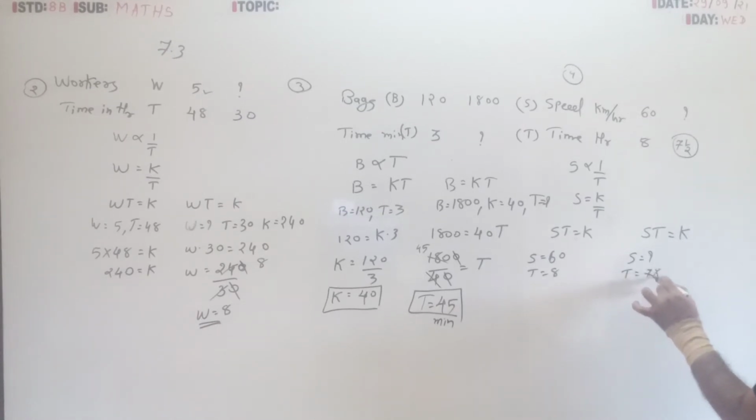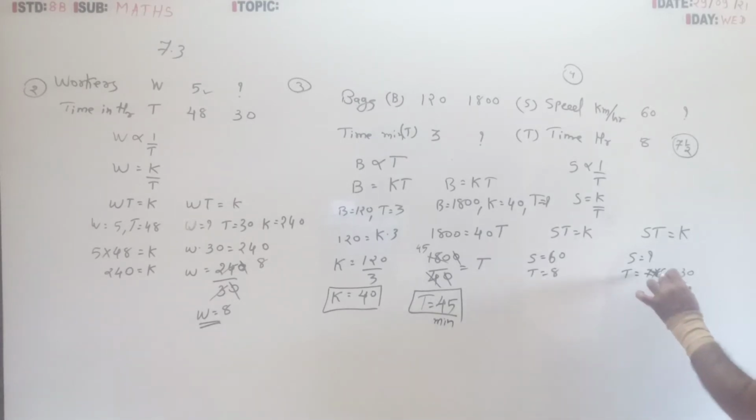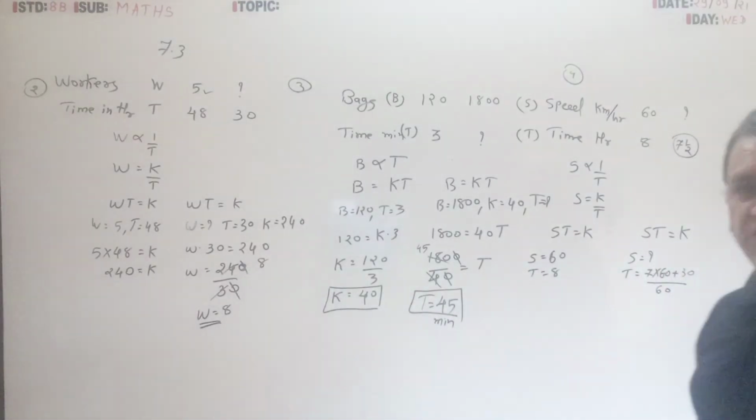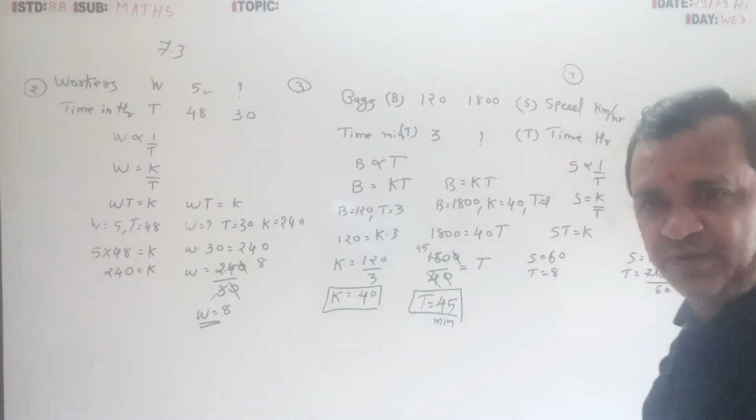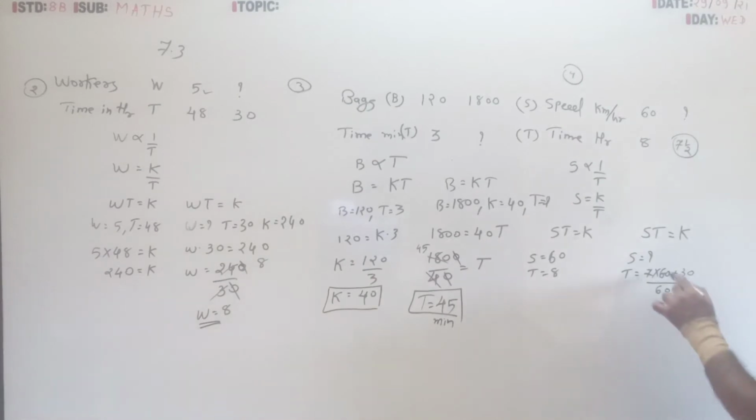Why? 7 hours means 7 into 60 minutes, plus 30 minutes for the half hour, divided by 60. 42 plus 30, so 450 divided by 60.